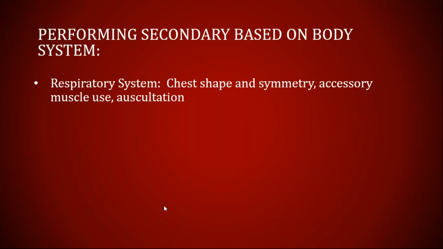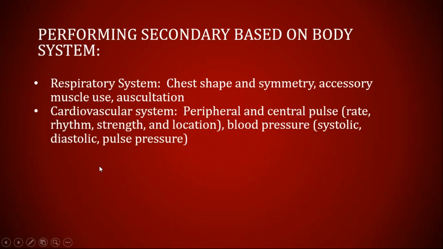And again, I'm going to dive into my auscultation, pre and post any type of intervention. Patient complaining of chest pain or cardiac in nature, I'll then dive deeper into the cardiovascular system. So checking peripheral and central pulses, the rate, rhythm, strength, and location, blood pressure.